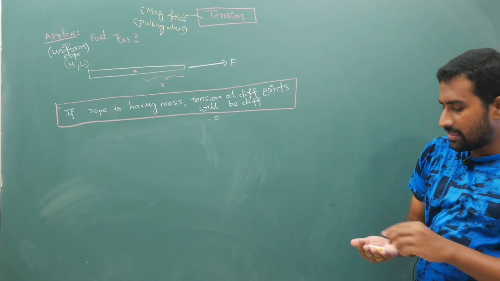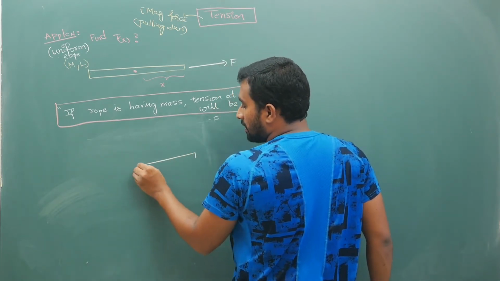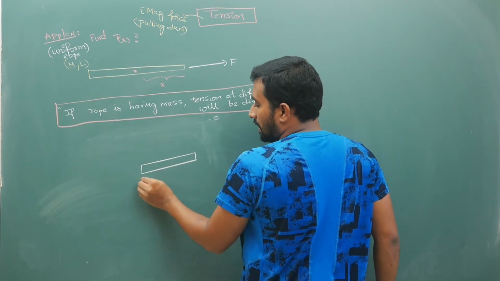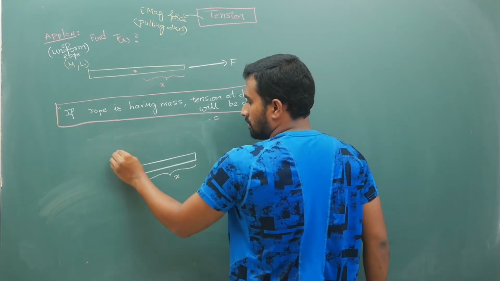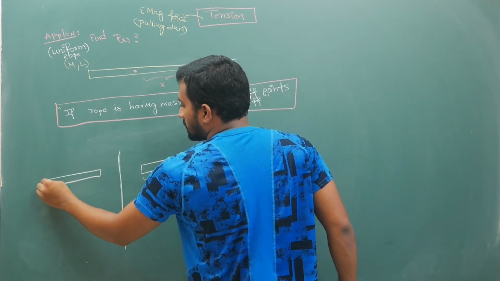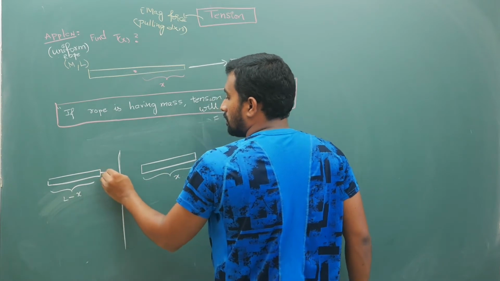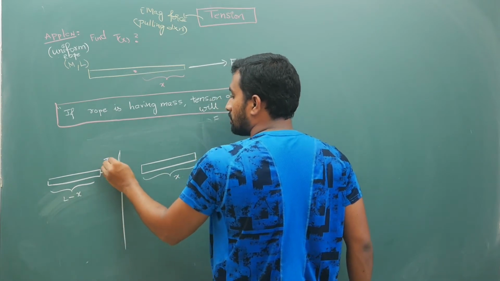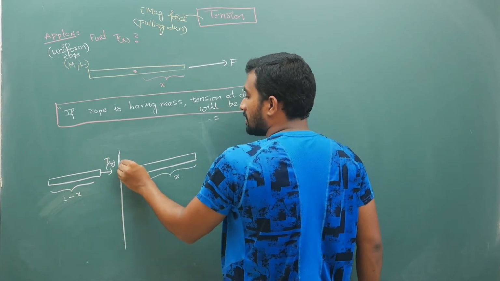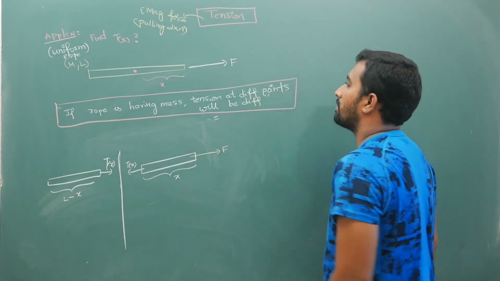So I divide this string into two parts. The first part is of length x. The second part is of length L minus x. On this, tension T of x will act this way. On this, tension T of x will act this way. Your applied force F is this way.